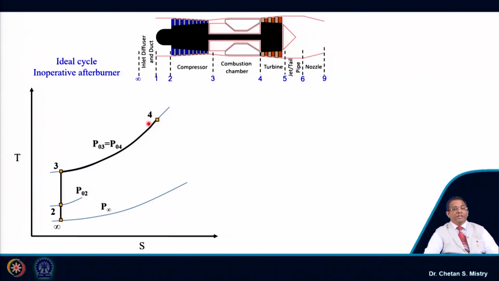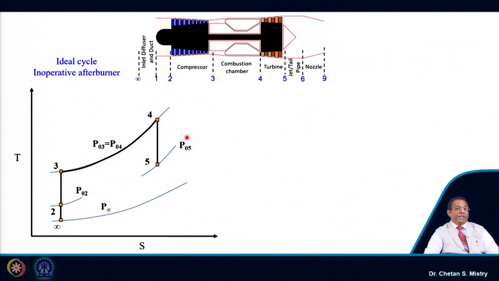Let me highlight this T04, the maximum turbine entry temperature, the maximum temperature of this cycle. Now, from there the combustion gas enters the turbine, where this expansion process is represented by T04 to T05, and this represents the drop of pressure to P05.